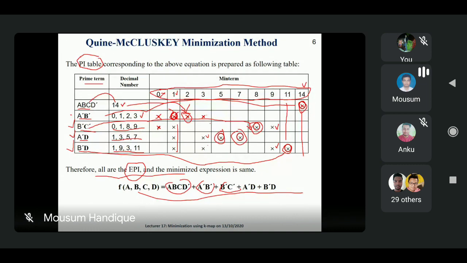But one thing always remember: when some min terms belong to the don't care, that min term is not included in the PI table. Other parts remain the same. And when we construct the table, you denote a special symbol star as a superscript, and automatically we know that this 0 belongs to the don't care.